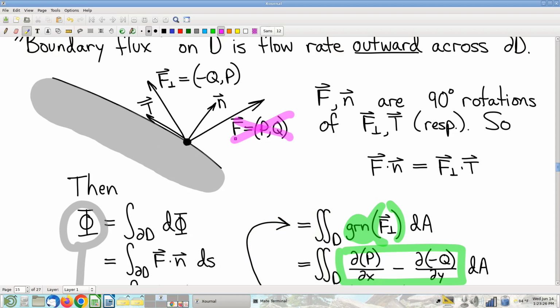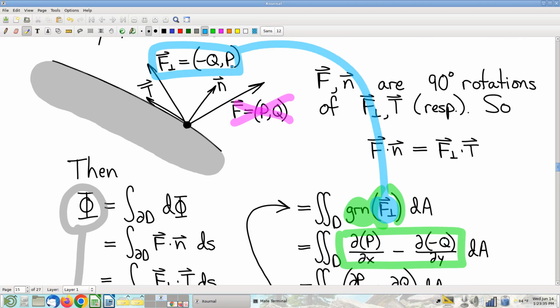We are computing, it says right here, Green's operator of F perp. And remember, Green's operator doesn't go by the alphabet. It goes by first coordinate of the vector field and the second coordinate. So it's the x partial of the second coordinate minus the y partial of the first coordinate.